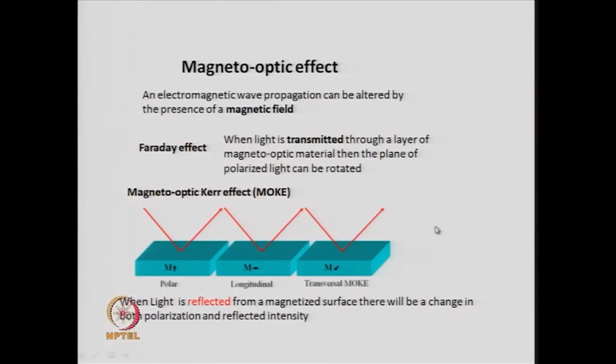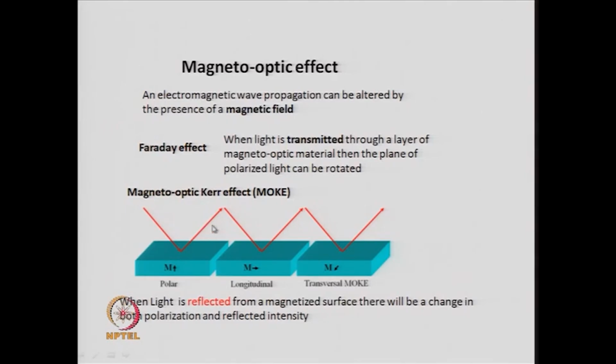So, you can understand that effect better in this diagram. In the magneto optic Kerr effect, you have this incident beam, this is the magnetized surface, and this incident beam then reflects this light.